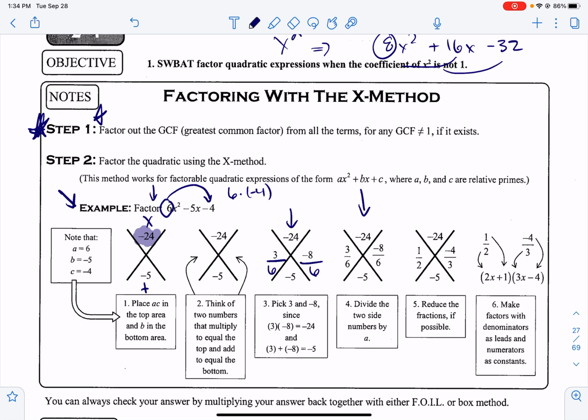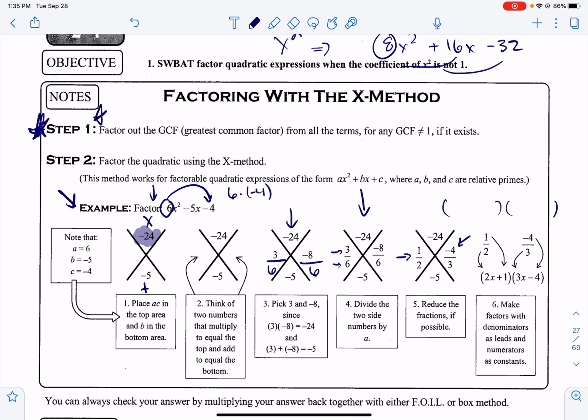Now, before I move on, I want to simplify. 3 over 6 simplifies to be 1/2. So you'll see right here I've got 1/2. And negative 8 over 6, a 2 goes into both of those, so I end up with negative 4/3. And that's as much as it simplifies. So now that those are simplified as much as they can, I can actually write my answer. I can write my 2 parentheses.